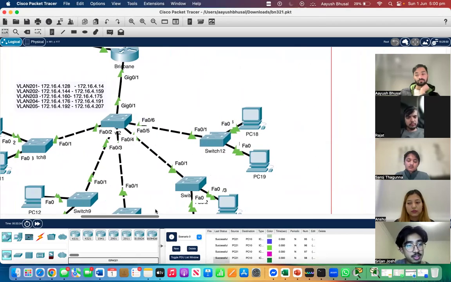We have assigned VLANs for sales, marketing, finance, management, and customer support as 201, 202, 203, 204, and 205. By creating these VLANs, the computers and all the end devices connected to the VLAN can interact with each other even though they are on different switches.